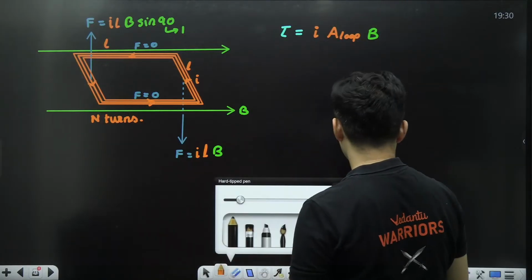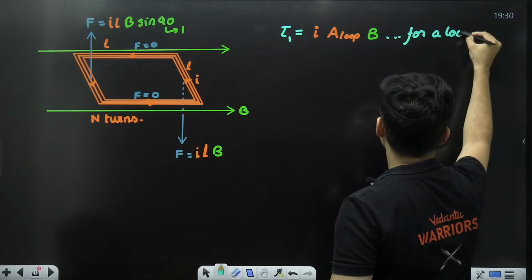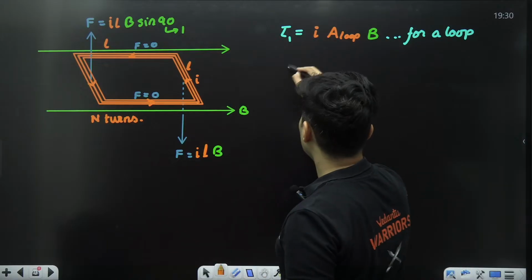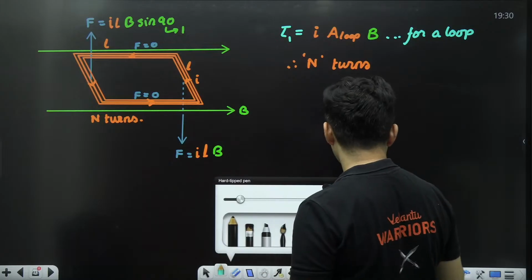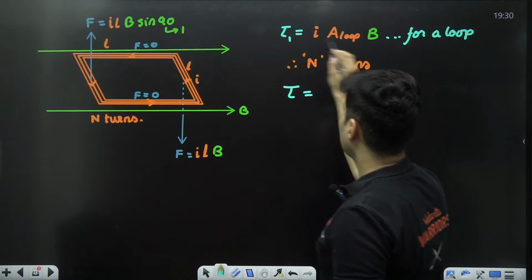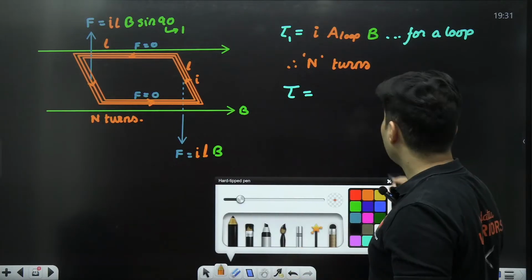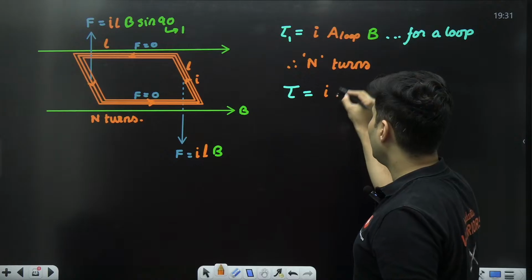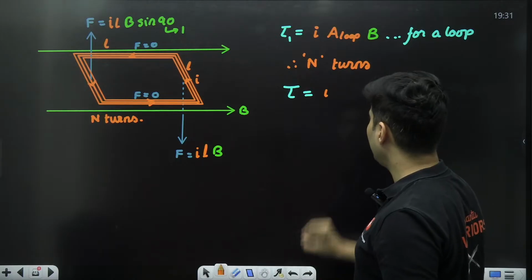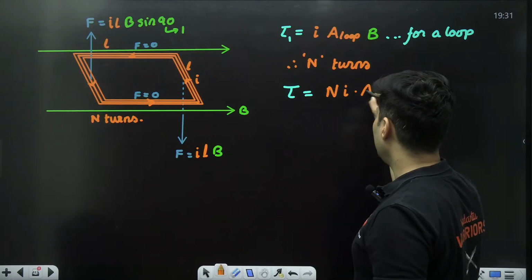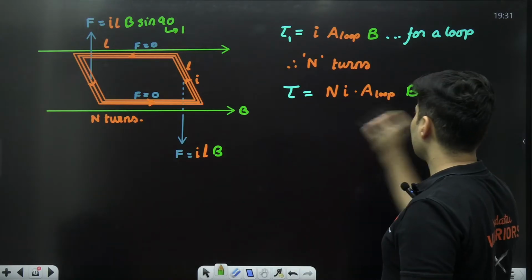This torque will be for a loop, therefore for n number of turns, the total torque that you would have got will be n times of this. Each one of them will get the same torque. So that's why this will be I, area of the loop, but multiply everything with n. So n current into area of that particular loop, and that magnetic field is there.